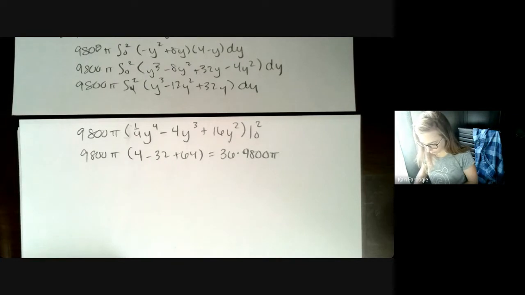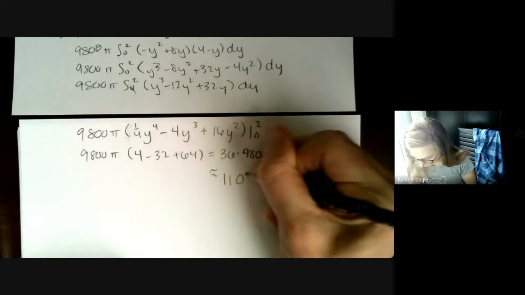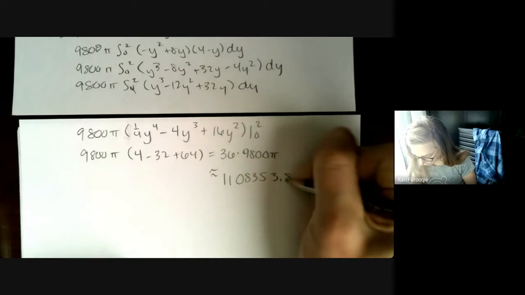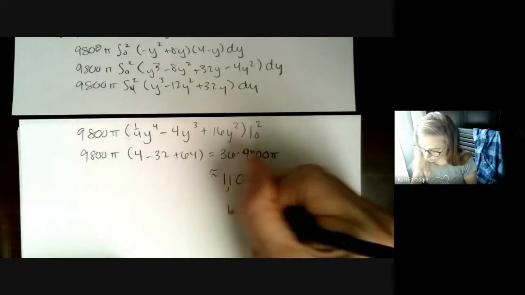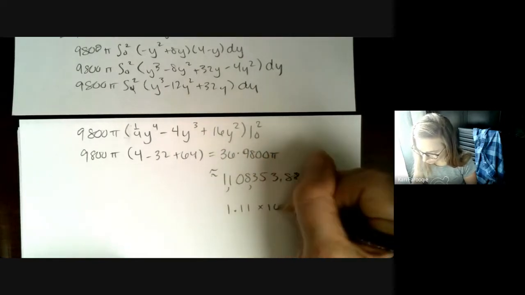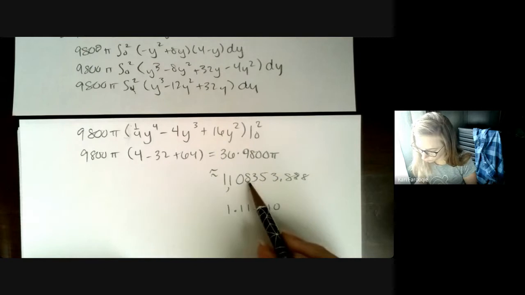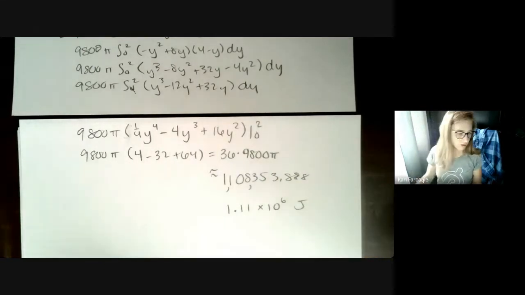36 times 9800 pi. And then we'll see what happens. 1108353.888. So this is 1.11 times 10 to the 6 joules.